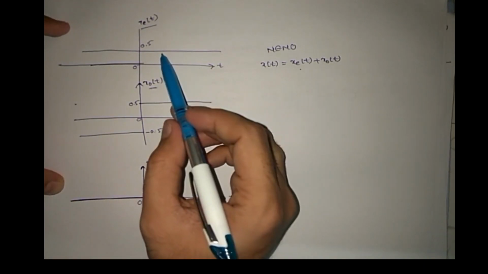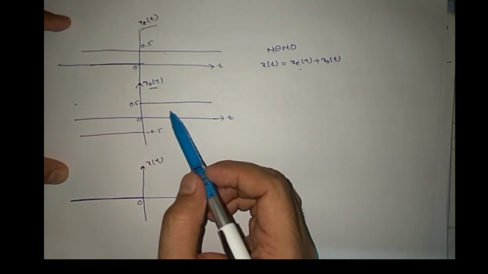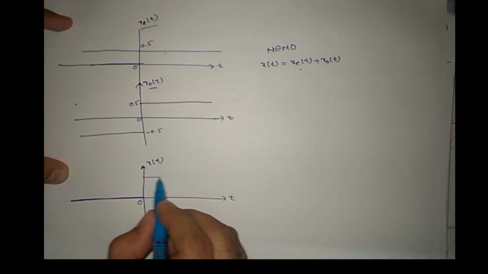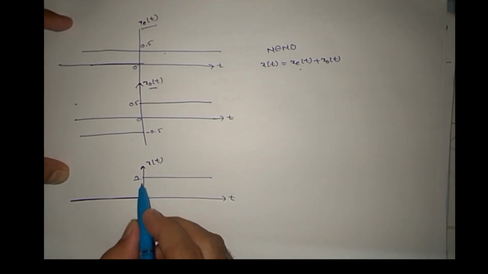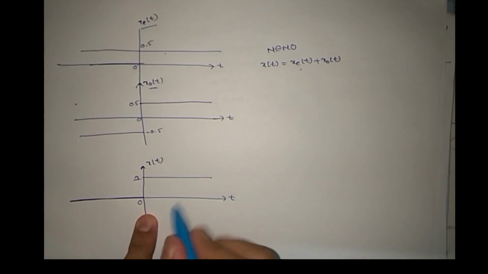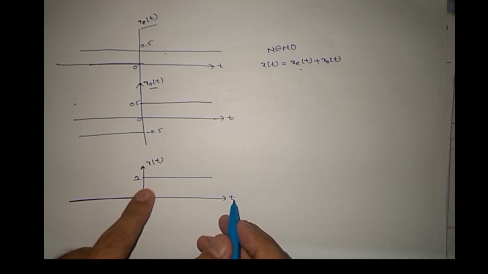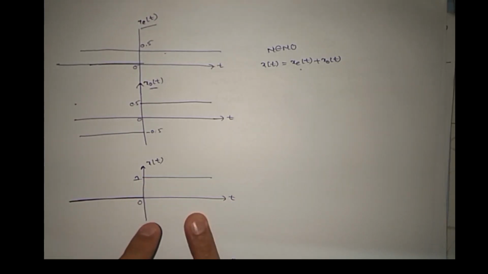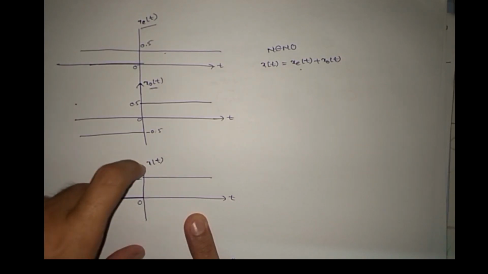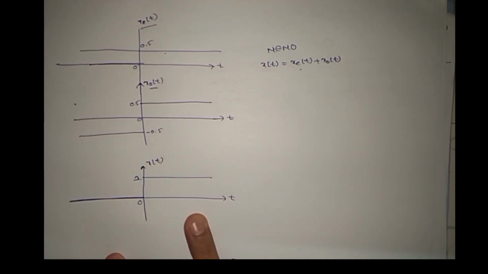Here plus 0.5, here also plus 0.5, so 0.5 plus 0.5 becomes 1. So x of t is 0 for t less than 0 and 1 for t greater than 0. We got x of t or not? What did you understand? x of t is neither an even nor an odd signal. In this signal, the even part is this one and the odd part is this one. This is the derivation of how to find the even part and the odd part of a given signal. Okay, thank you.